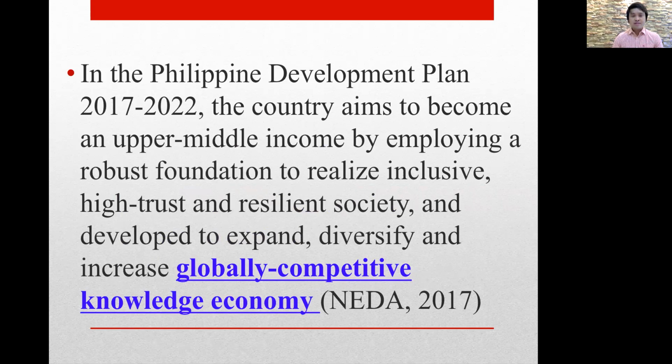So therefore, pag sinabing globally competitive knowledge economy, our research papers should be reaching the global standards, should be reaching publication so that people globally would be able to read the findings of our study. That's according to NEDA. By the way, I'm just sharing with you some of the underpinnings why there is a need to improve our culture of research in the Philippines.